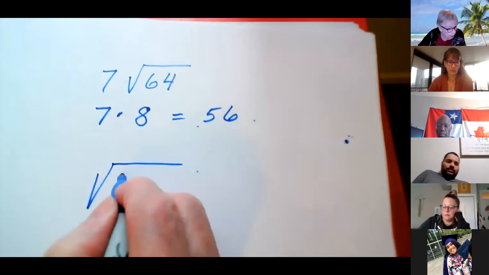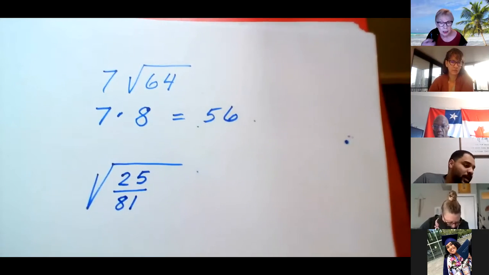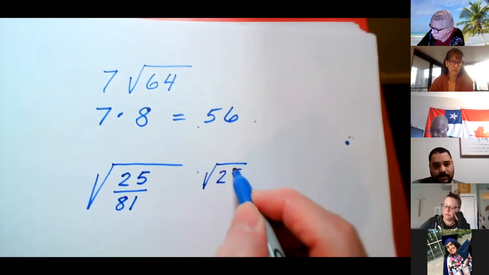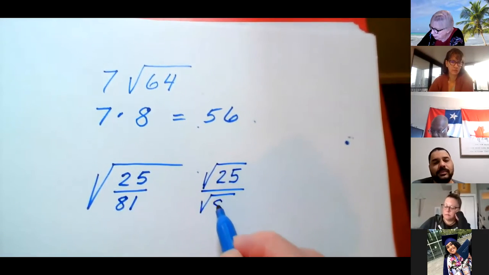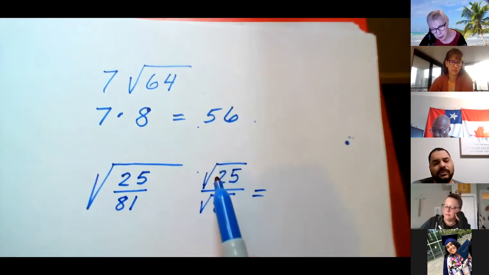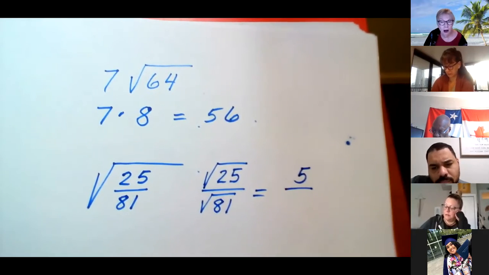Here's another game they play, the square root of 25 over 81. You can do it individually as well, the square root of 25 and then the square root of 81, or you could have just pulled the answer from here. But this is what you're thinking. The square root of 25 happens to be 5.